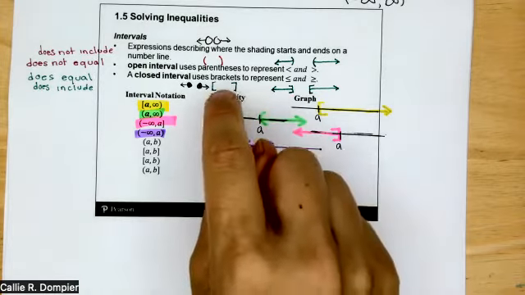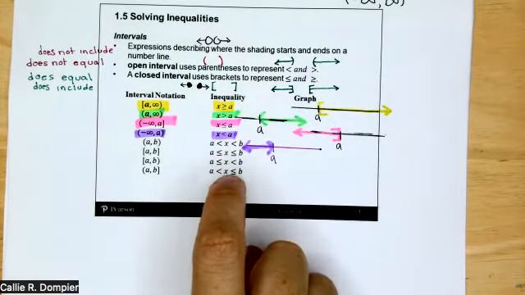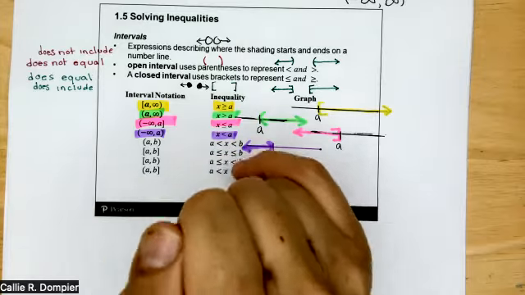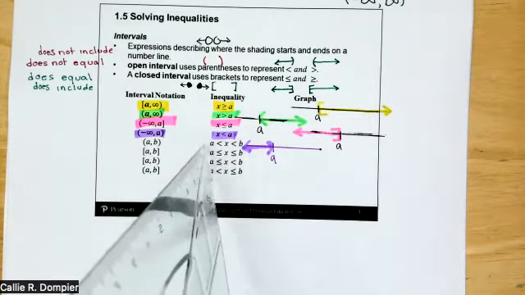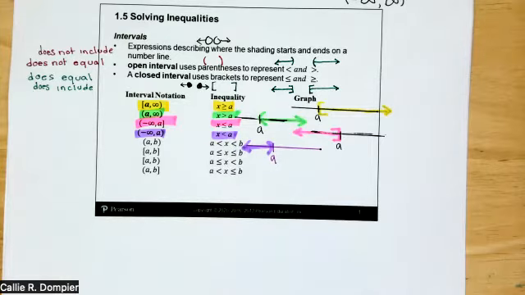Here, these are just linear inequalities, the first four, and then we have compound inequalities, which just means there's more than one side to the inequality, right? A is less than x and x is less than b, or x is greater than a and x is less than b.